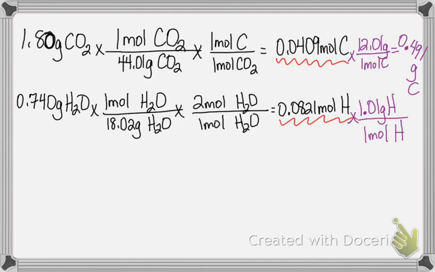So if I take 0.0821 and multiply it by 1.01, that'll tell me how many grams of hydrogen I have. What do y'all get for grams of hydrogen? 0.0829 grams of hydrogen.